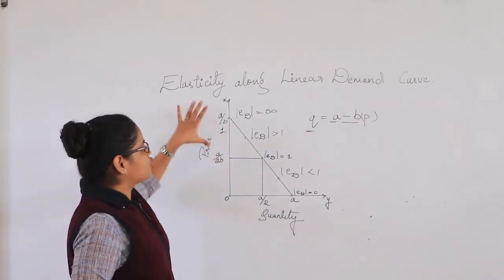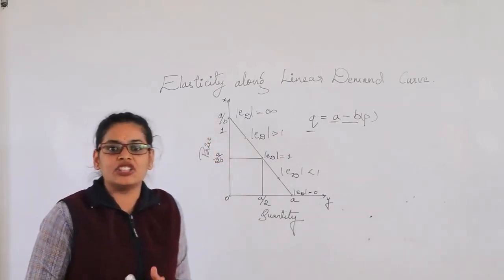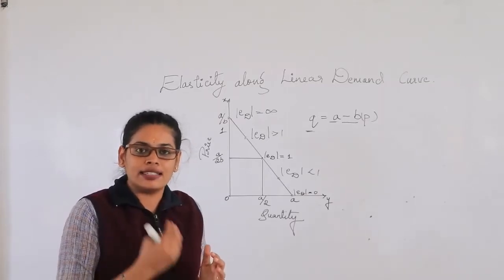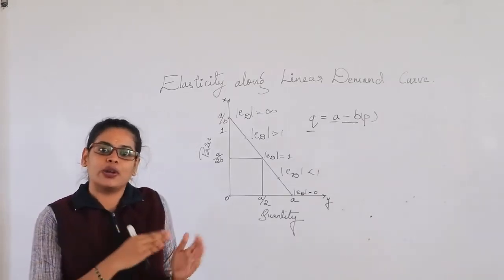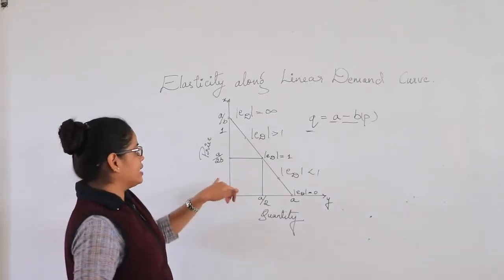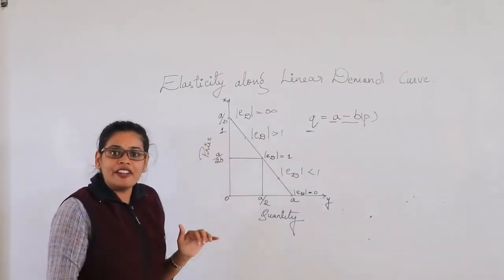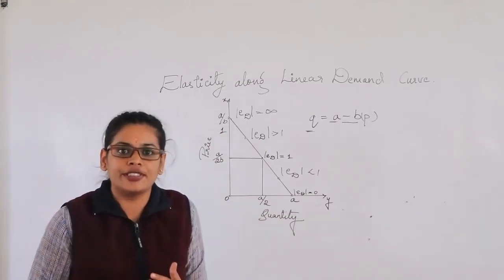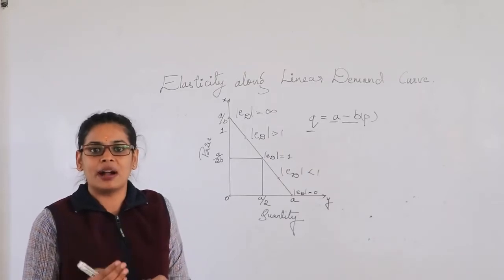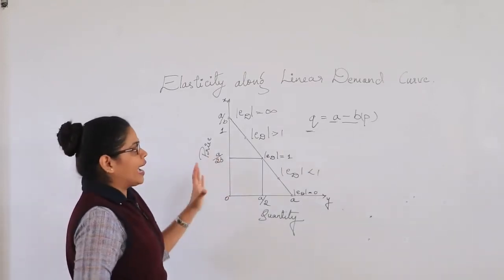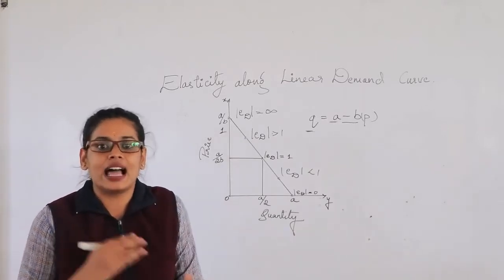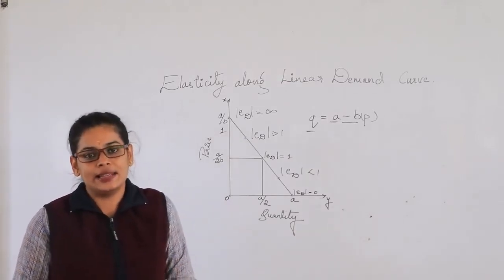When the percentage change in the price occurs, there is also a percentage change in the quantity demanded, because there is a responsiveness between the price and the quantity demanded by the consumer. That's what we understand here in the elasticity along the linear demand curve.